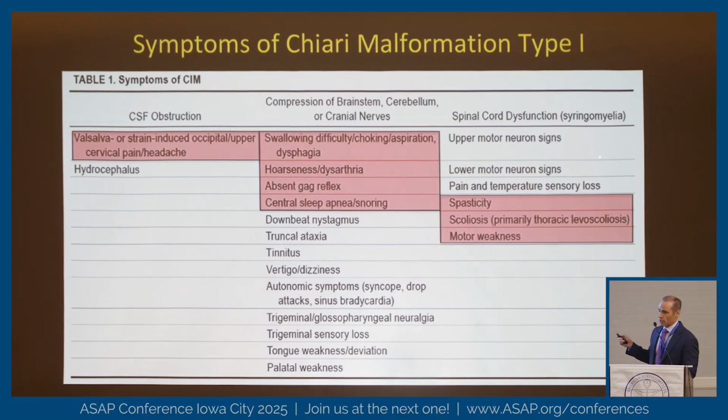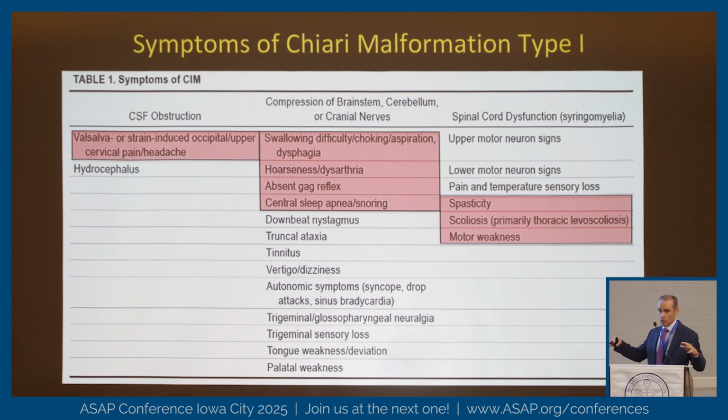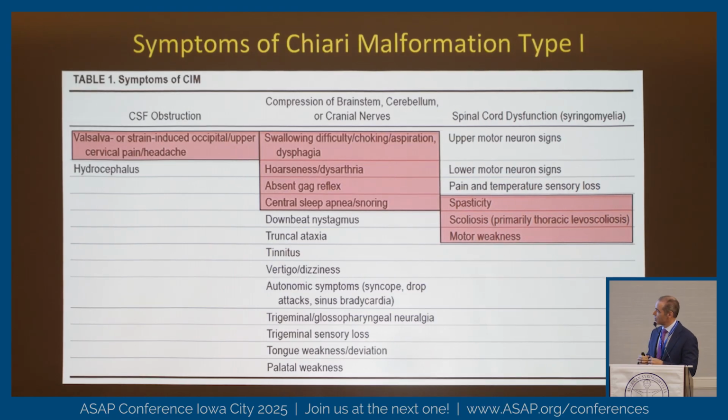Then you get syrinx. The symptoms from a syrinx are from the dilation of the spinal cord and then weakness of those muscles, weakness of the nerve roots that are out there, compression of the nerve roots that don't function as well. So you get this kind of motor weakness, and that's out to the arms, hands, like a cape-like distribution, less in the feet, less in the legs. Eventually that leads to atrophy.